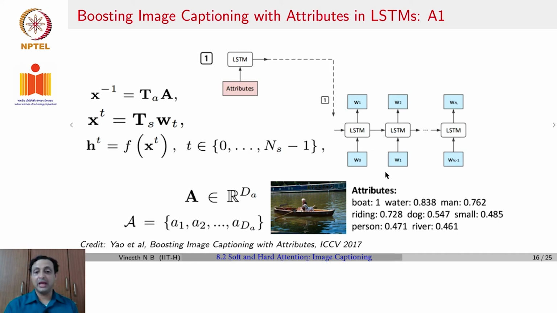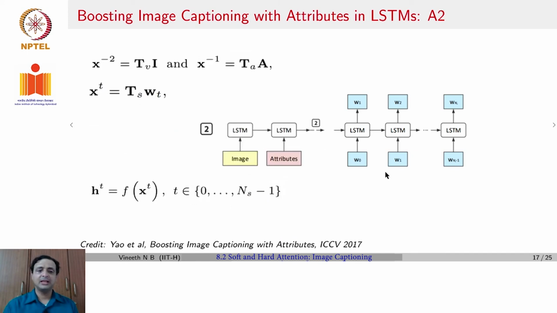This was A1, a variant. In a second variant, A2, both the image and the attributes were given as input to the image captioning model. So the image is first given to one step of the LSTM of the RNN, and in the subsequent time step, the attributes are given to the LSTM. So you have an x -2, which is based on the image, and an x -1, which is based on the attributes.